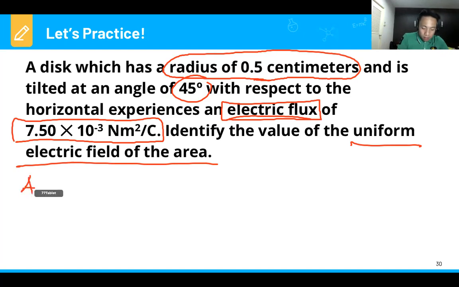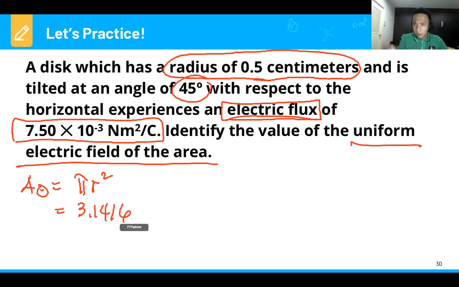Area of a circle is equivalent to pi r squared. Correct? Yes, pi r squared. Okay, ang pi natin is approximately 3.1416, para mas makonti yung gap. Kasi kapag 3.14, medyo mas malaki yung gap. So 3.1416 tayo, and then r squared, which is 0.5 squared.